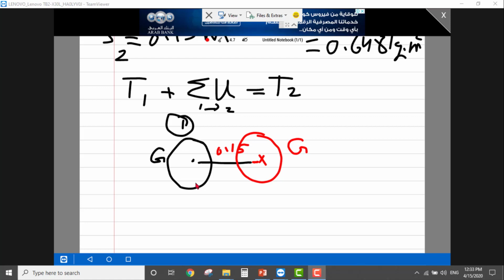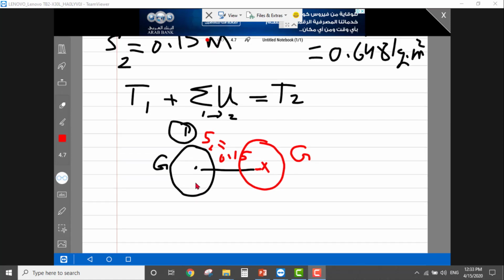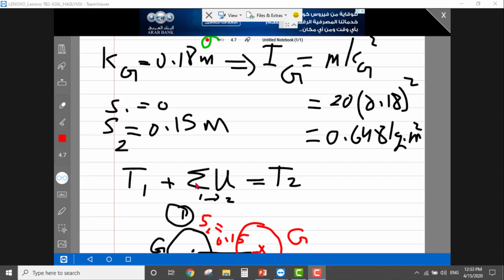Okay. You know what? Let me change the name so you're not confused with the stretch of this spring. So I will name it L1 and I will name it L2.